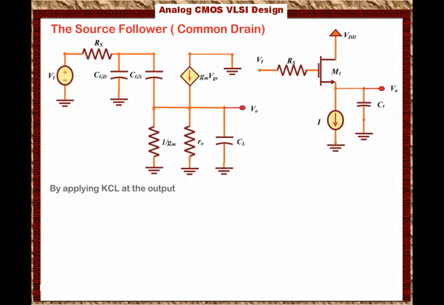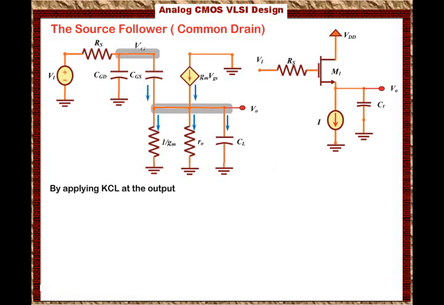The way we're going to do that is we will sum KCL at the output node first. So the current going in will equal the current going out of the node. To write the KCL equation, we also have to label the node at the top VG and the node at the bottom Vout.